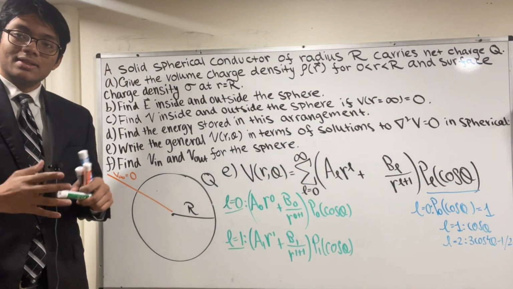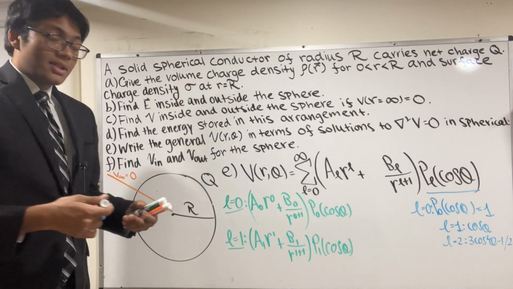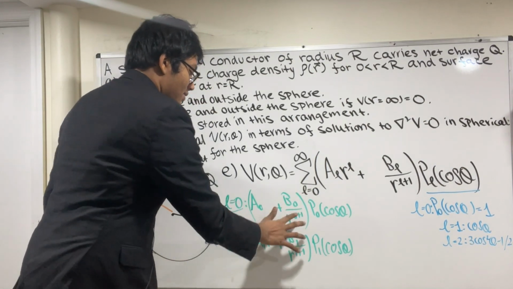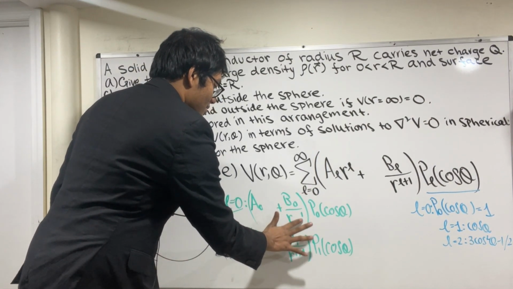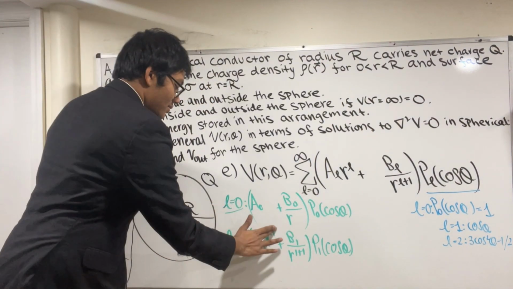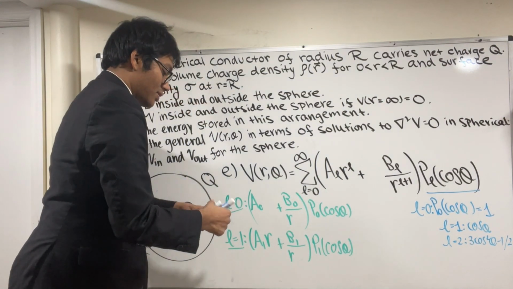Let's work through this step by step. R to the 0, that's nothing more than 1. R to the 0 plus 1, well, I can just write that as r to the 1 or just r. R to the 1 here is just r, and r to the 1 plus 1 is simply r squared.